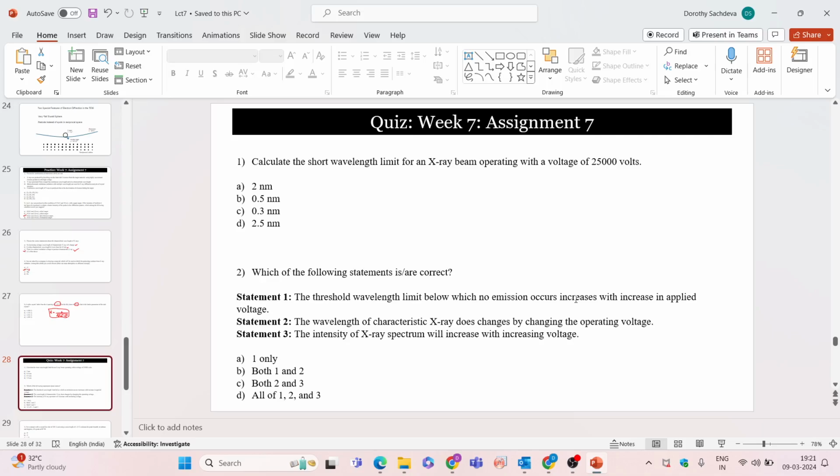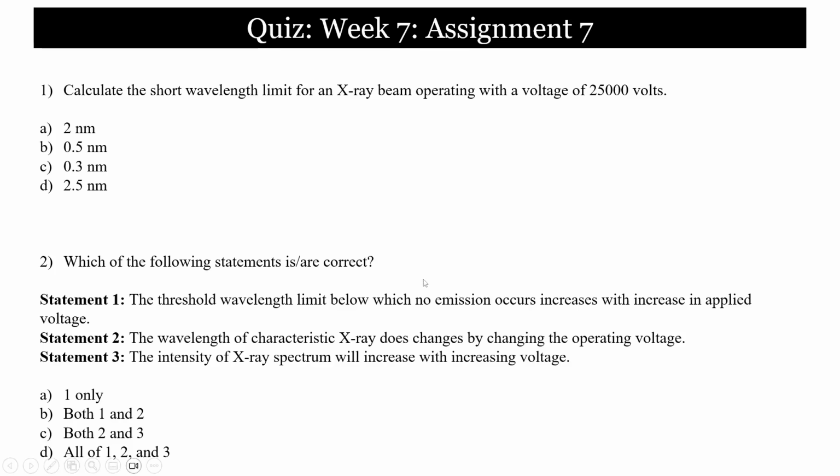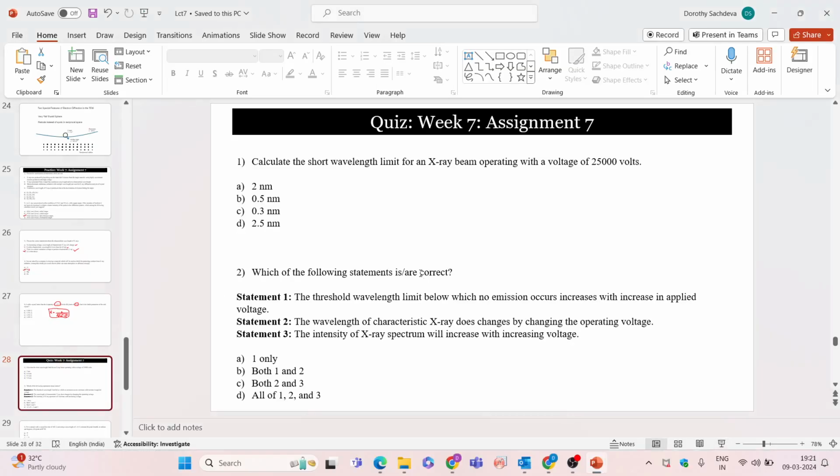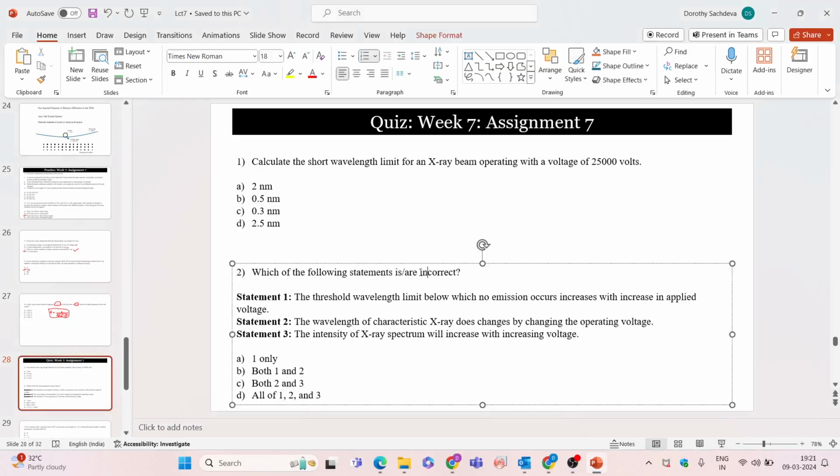As we are increasing the applied voltage, the limit is decreasing, no? So statement 1 is incorrect. And the wavelength of characteristic X-ray does change by changing operating voltage. This statement is also incorrect. So I guess this question was incorrect.